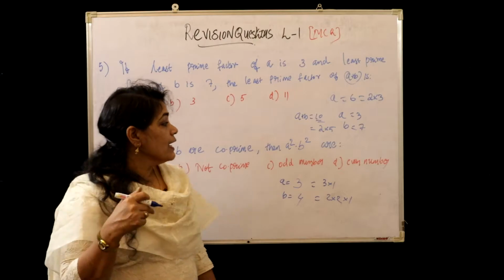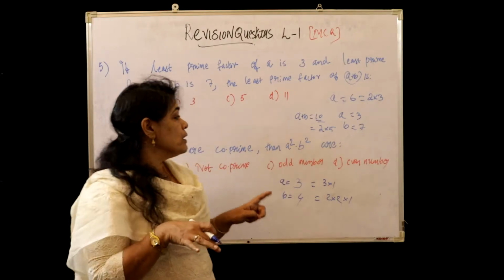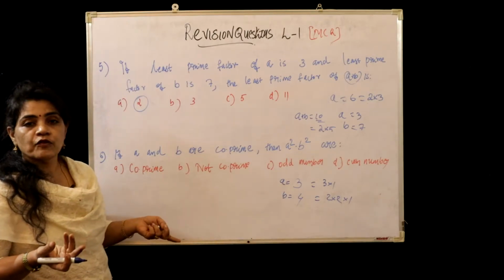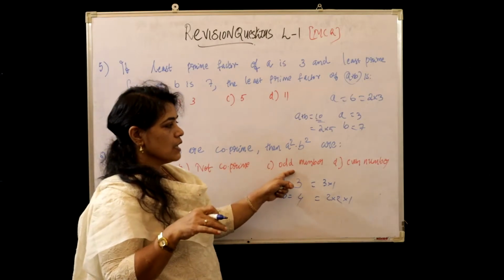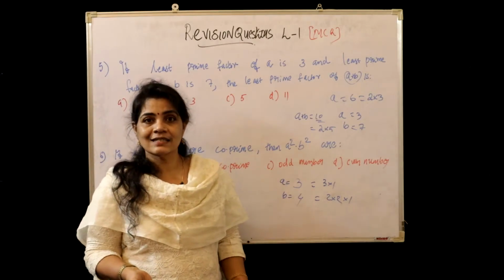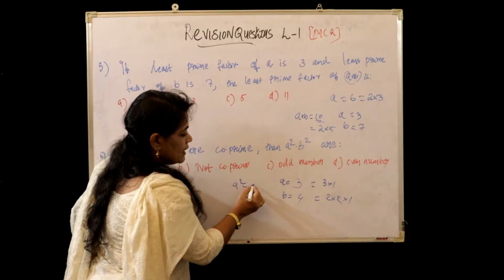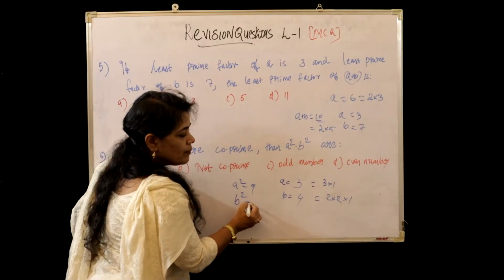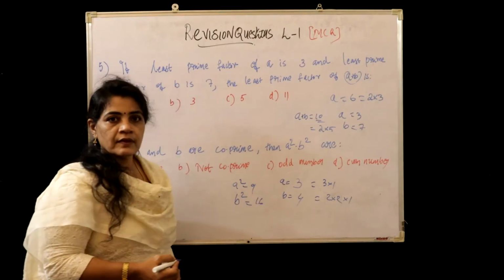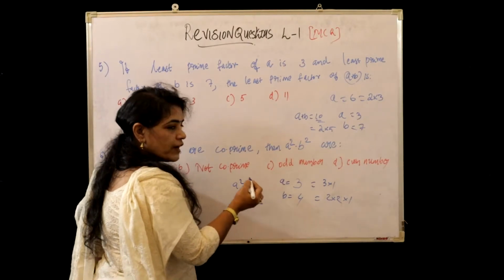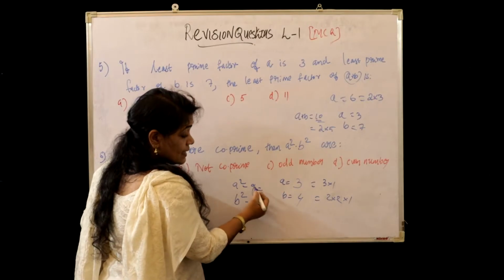And what is asked? a square into b square will be what type of numbers? Whether it is co-prime numbers, not co-prime numbers, odd numbers, or even numbers. Let us see. If a is equal to 3, a square will be 9, and b square, if b is 4, 4 square is 16. Can you see any common factor in the prime factorization of 16 and 9?